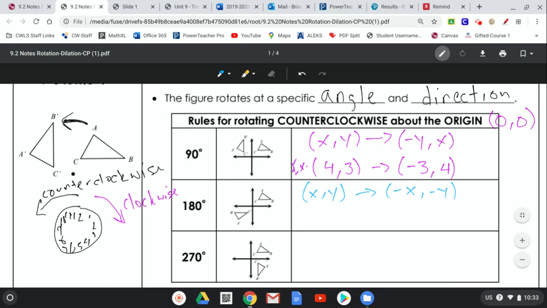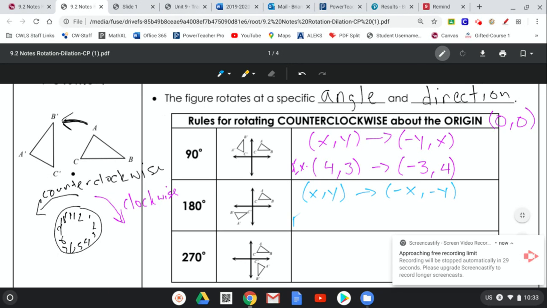Remember, we say put that negative in front of it. Basically what it means is we're changing the sign, okay? So again, for our example, if we have the ordered pair, and I'm just going to pick 4, 3 again, we're just going to stick with that. It becomes negative 4, negative 3, okay? So that's what it's changing to. We're just making both those values negative, okay?